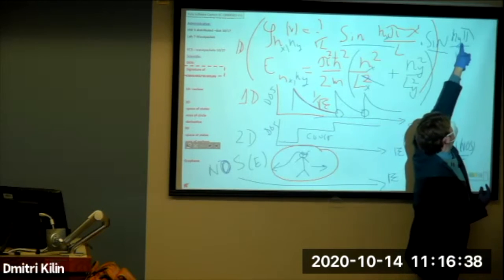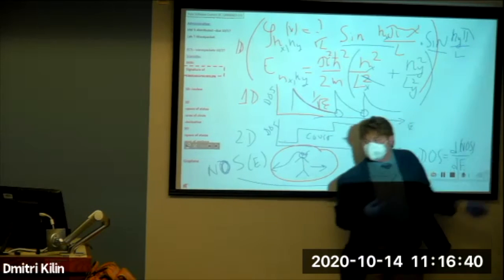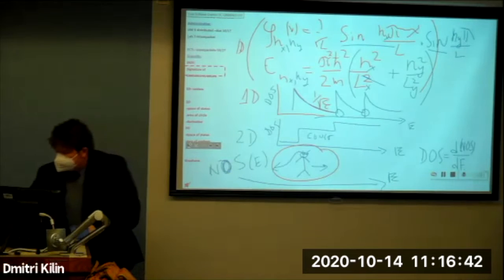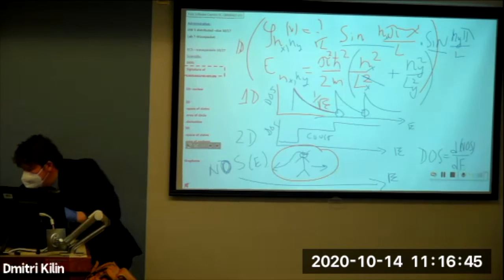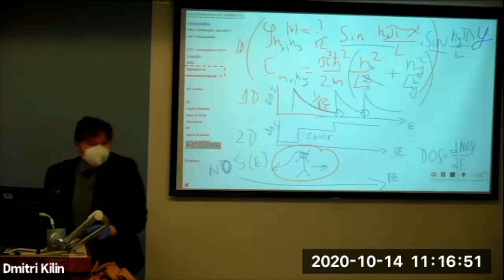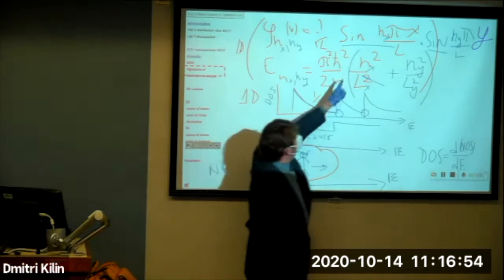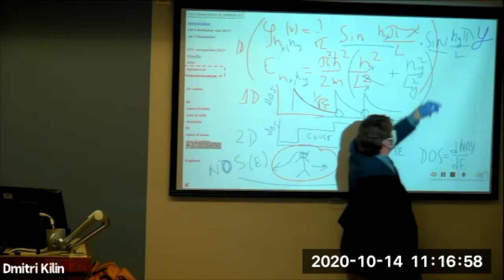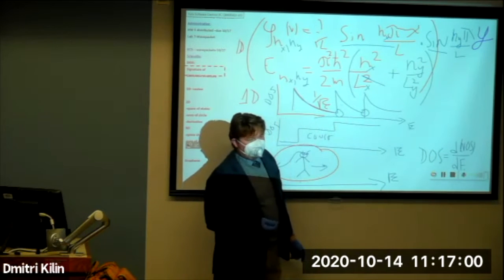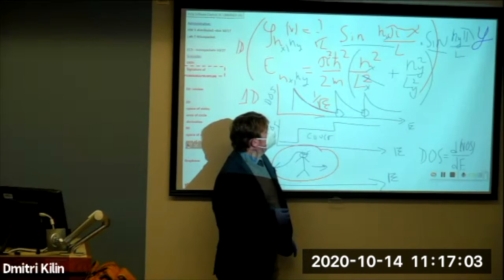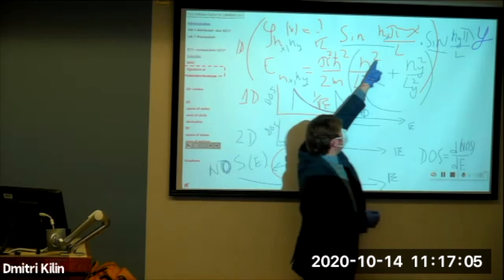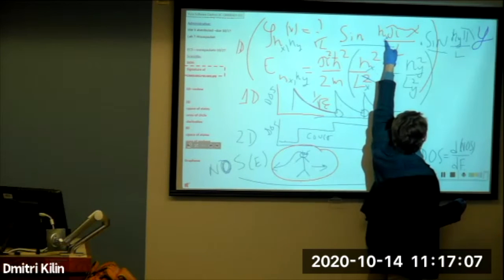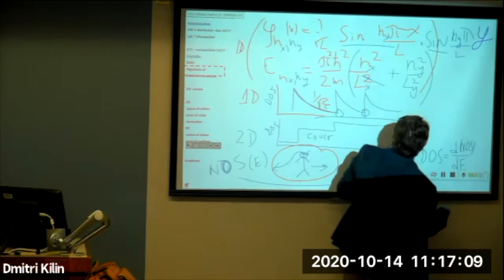And here we have sine of ny pi y over L. I'm going to write the letter y to the best I can. So it is the product of two sines, sine x and sine y, and the frequency or wavelength, how dense the fringes are, depends on the quantum numbers.